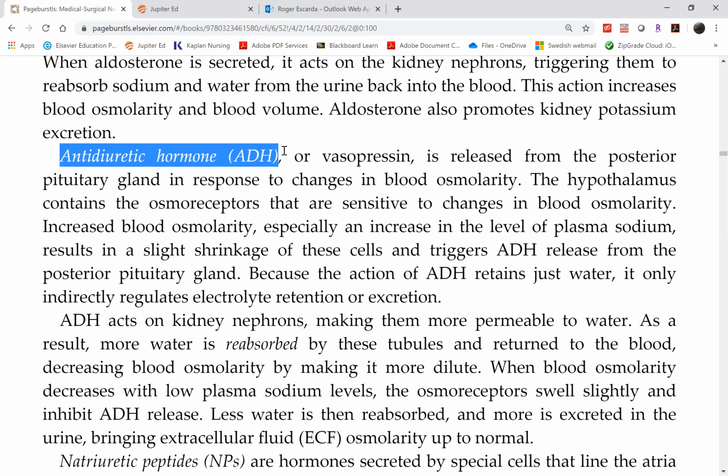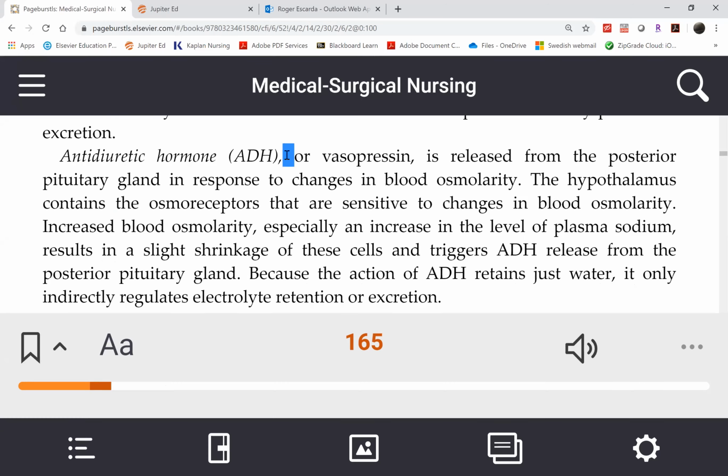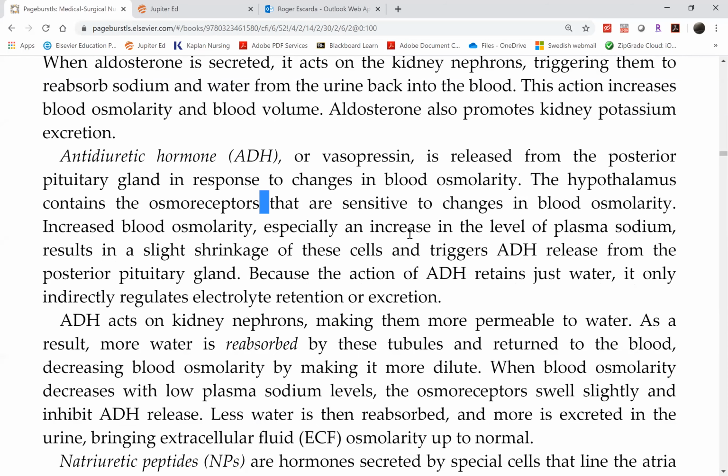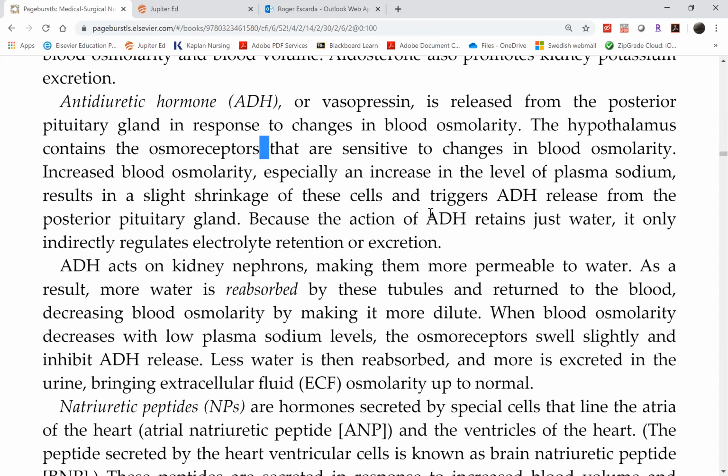Usually these are at high levels during the night while we sleep. We have a high level of antidiuretic hormone, which is good because we don't have to get up every couple hours to pee. So this will reabsorb water while we sleep so that we just get it toward the morning. Your bladder starts to get full toward the morning. So again, this only affects water, does not affect sodium, not directly anyway.